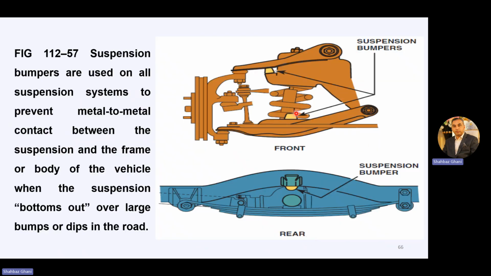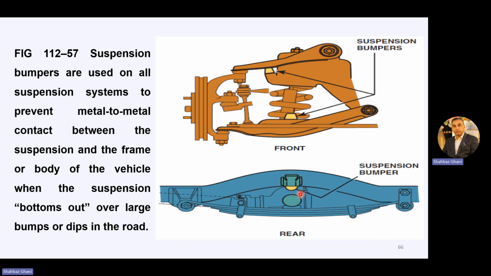So it is the yellow portion which we are showing. This is on the lower control arm and this is on the upper control arm, the suspension bumpers. And if we have a leaf spring, it is attached to the frame, this rubber portion, this is your suspension bumper. Suspension bumpers are used on all suspension systems to prevent metal to metal contact between the suspension and the frame or body of the vehicle when the suspension bottoms out over large bumps or dips in the road.